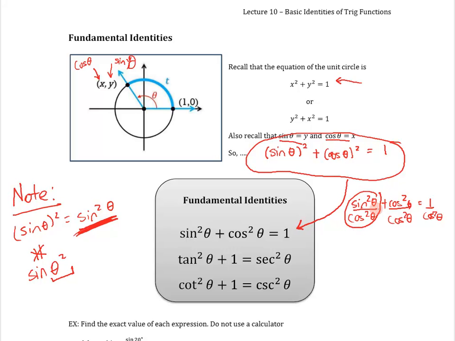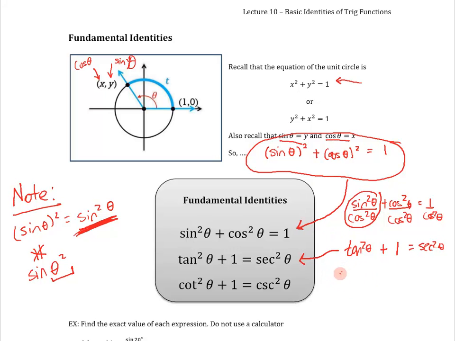What is sine squared over cosine squared? Using your quotient identity from the previous page, that's just tangent squared. Cosine squared divided by cosine squared is 1, and 1 over cosine squared is secant squared, which is this fundamental identity right there.